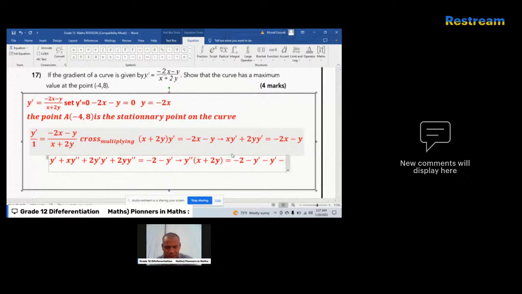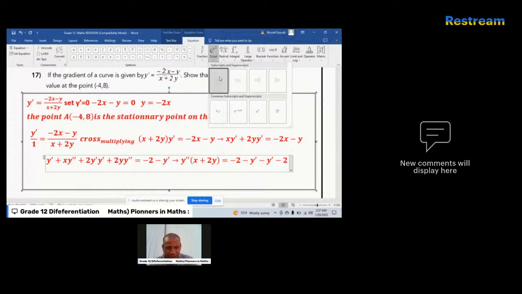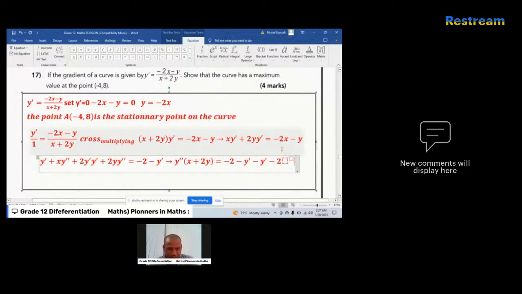It will be minus 2 times y dash squared, because y dash multiplied by itself is y dash squared to the power 2. Therefore, I will divide both sides by x plus 2y. I can simplify this more.